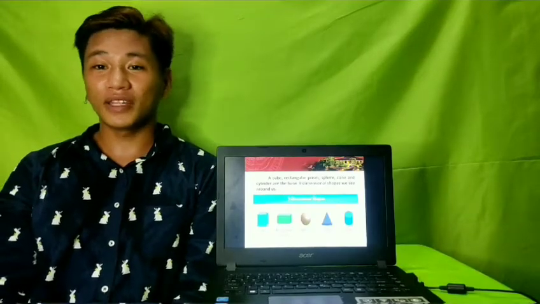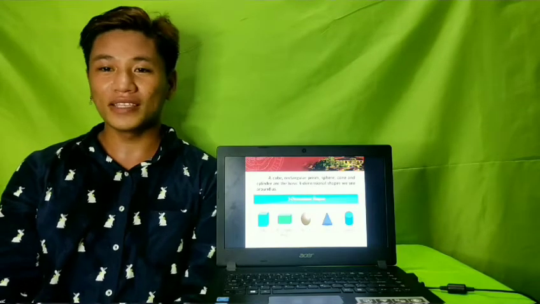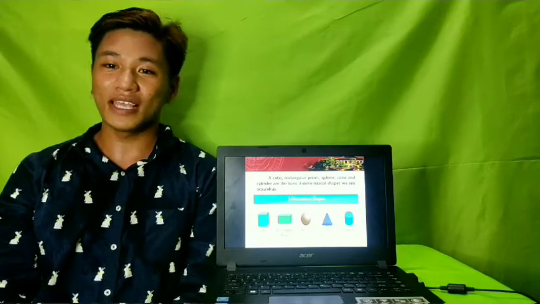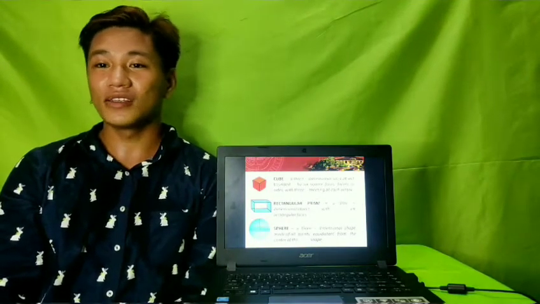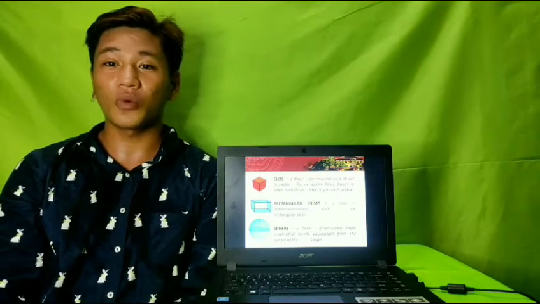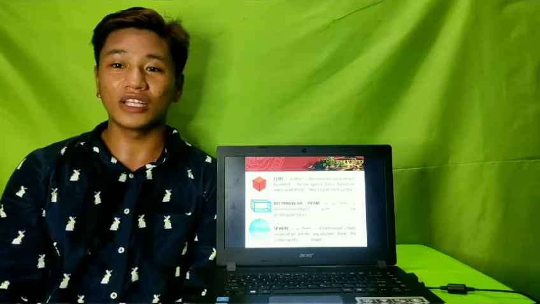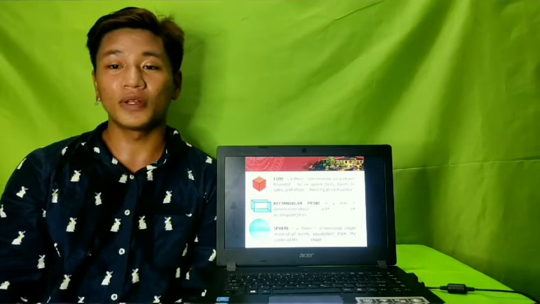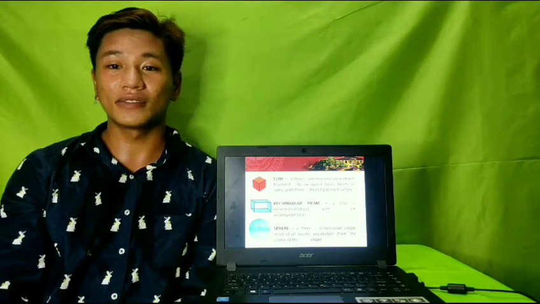A cube, rectangular prism, sphere, cone, and cylinder are the basic three-dimensional shapes we see around us. Cube: a three-dimensional solid object bounded by six square faces, facets, or sides, with three meeting at each vertex. Rectangular prism: a three-dimensional object with six rectangular faces.